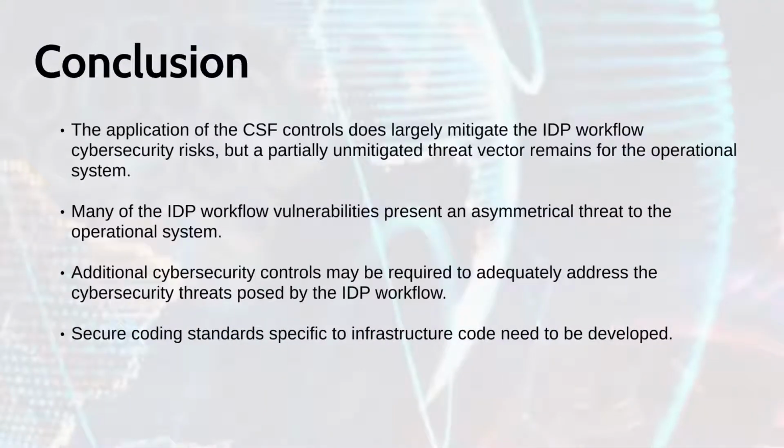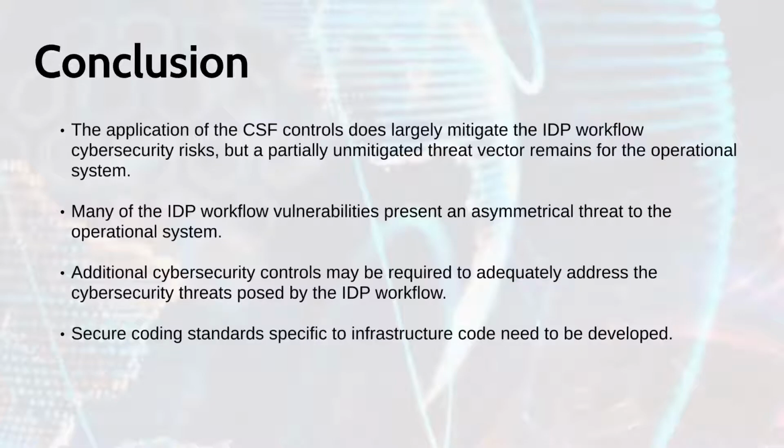The research results conclude that the application of the CSF controls does largely mitigate the IDP workflow cybersecurity risks, but a partially unmitigated threat vector remains for the operational system. Many of the IDP workflow vulnerabilities present an asymmetrical threat to the operational system.